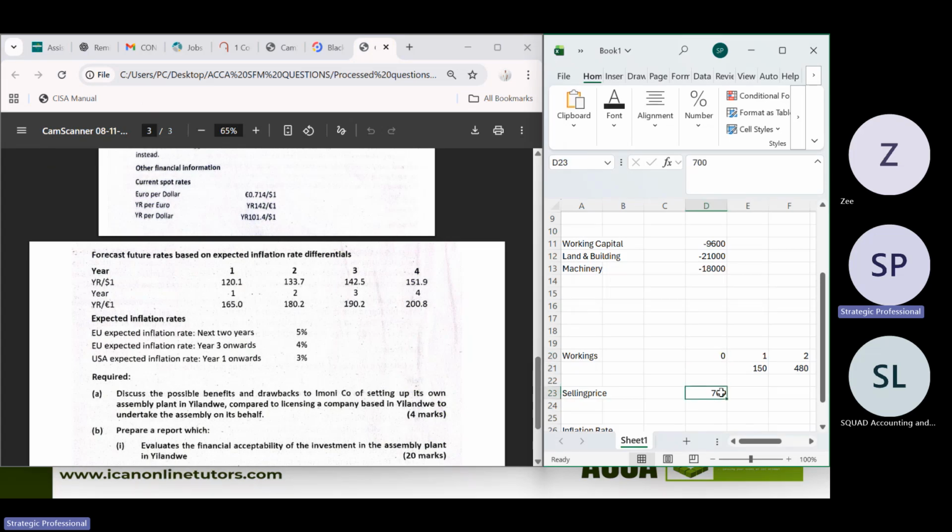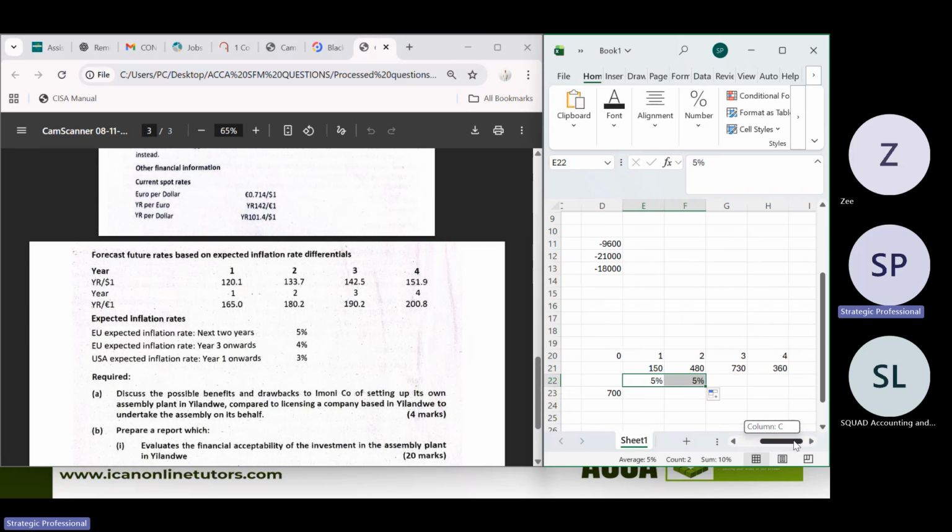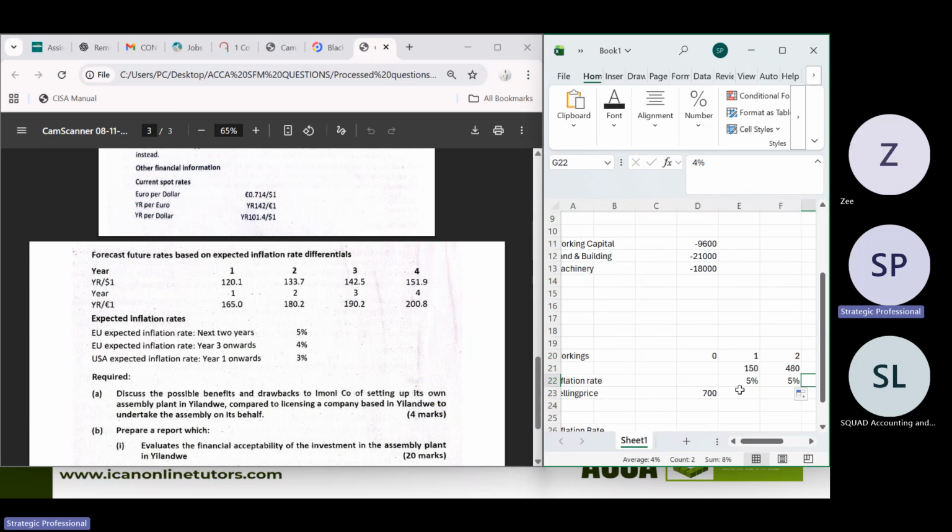This is the selling price, 700. Let me put the inflation rates up here. That's how the selling price will increase by the inflation rate. So in the first year, they told us 5% for the next 2 years. They now told us that from year three onward, it will be 4%. So our selling price will grow like this.